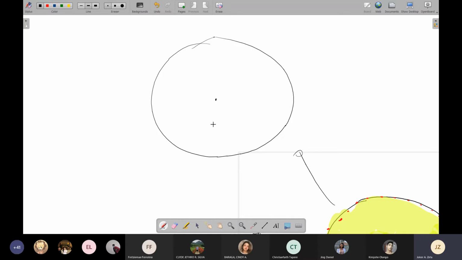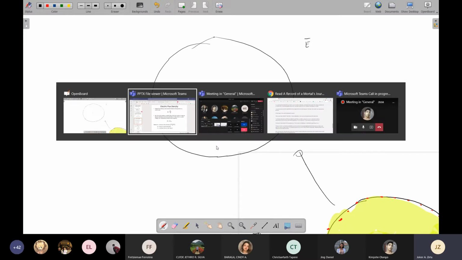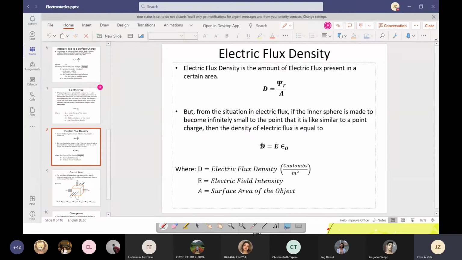Take note, this approach is the same as the electric field intensity of a point charge. Because of how small your inner sphere is, it is just like a point charge. I will not show the derivations. In this scenario, the electric flux density will become E times epsilon sub O, the electric field intensity times the open space permittivity.